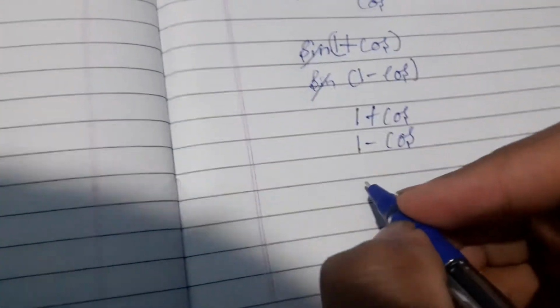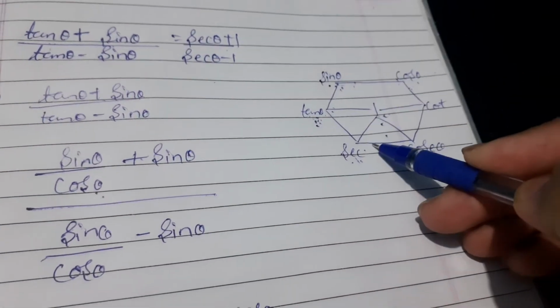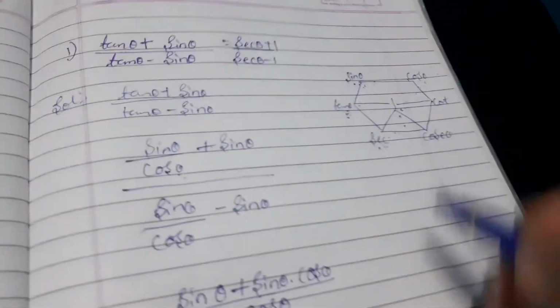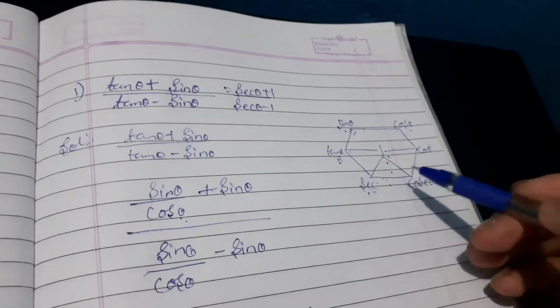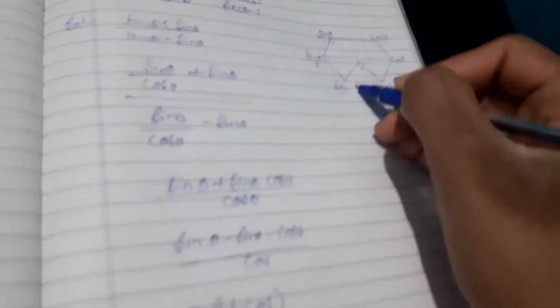Okay, then 1 plus 1 secant theta. Here cos is the opposite of secant theta, so we have to write 1 by secant. So 1 plus 1 by secant theta, and in the same way in the minus form, 1 minus 1 by secant theta.